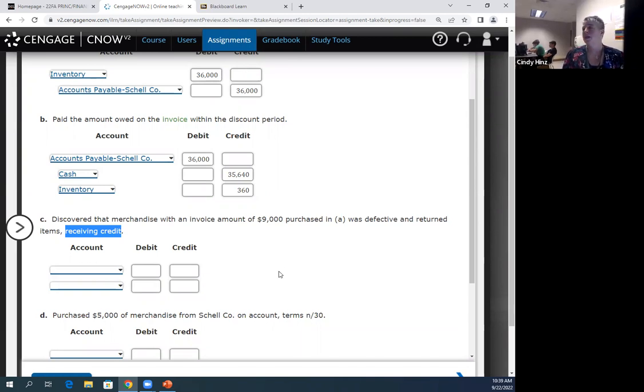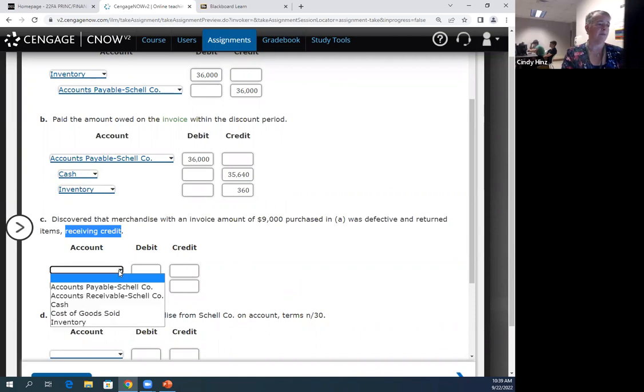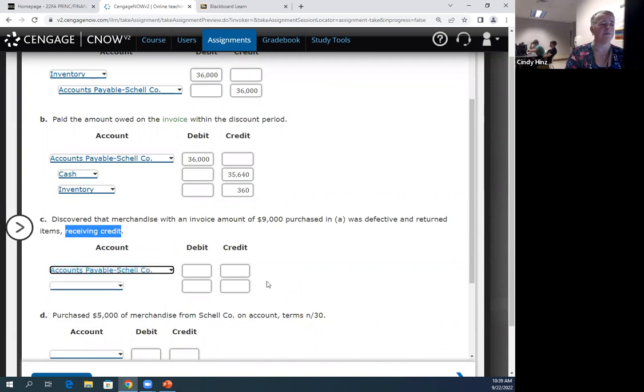If this was a company with whom we do business rarely, maybe we only order once a year or every 6 months, we probably wouldn't want to just hold on to that credit for another 6 months. Instead, we'd rather get our money back. And so we could have requested a refund. We could request that they send us a check. But in this case, we're happy, apparently, at least for now, with just accepting the credit to our account.